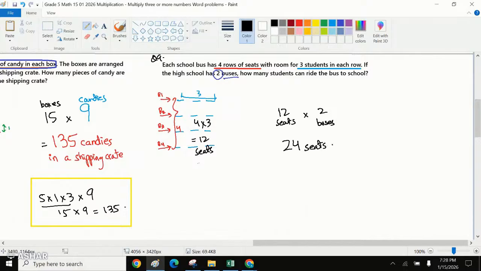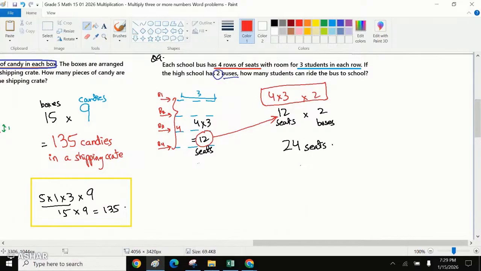That means 24 students can be accommodated, right? Or we can show this as 4 multiplied by 3 multiplied by 2 as well. We can do the working separately and bring down this value. We can start from here because we've already shown the working, right? We've shown the logical reason why we are using a 24.